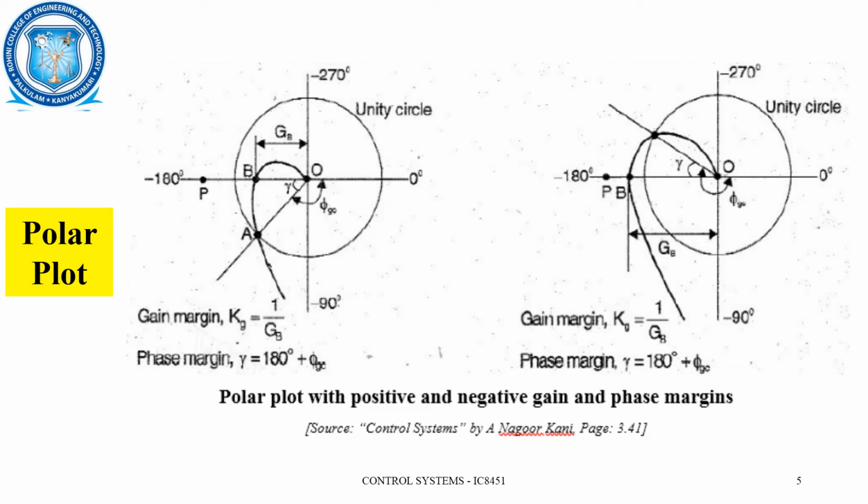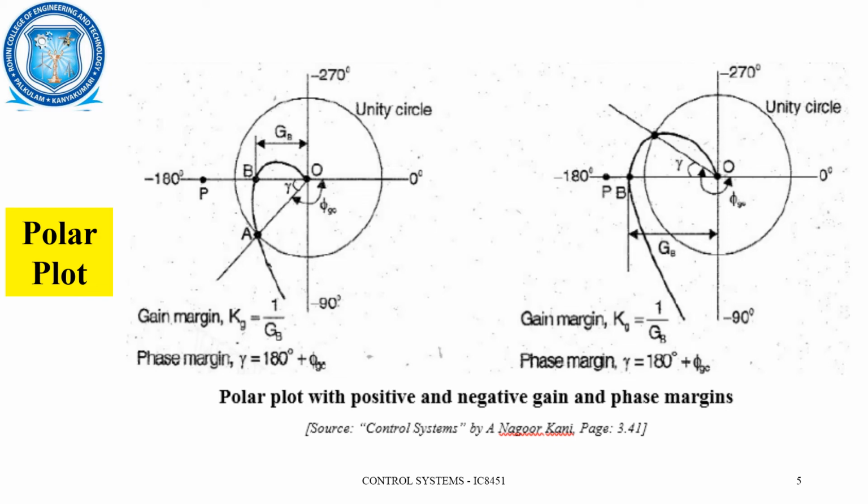We can see that this polar plot is cutting the 180 degree or minus 180 degree line at this point. So let us mark this point.